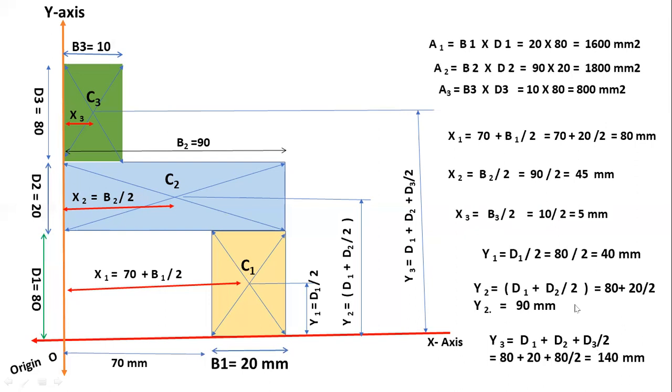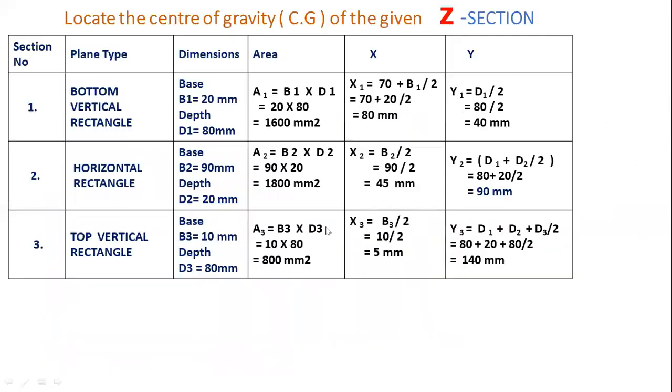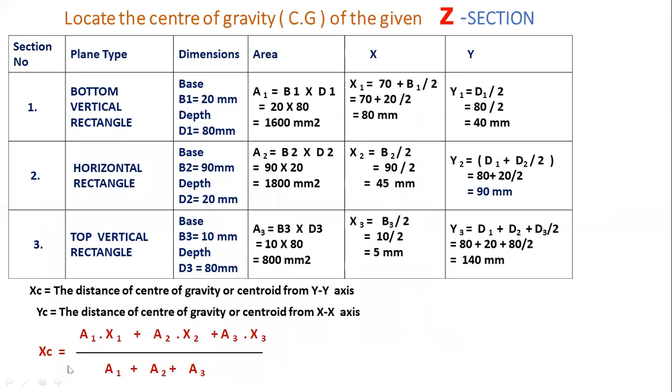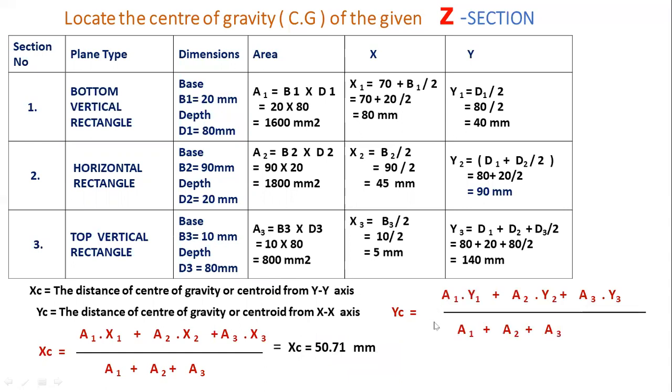Now I am considering these values in tabular form. Already we know that xc is the distance of centroid of the entire Z section from y-axis. That value equal to 50.71 mm. In similar way, yc is the distance of centroid CG from x-axis.